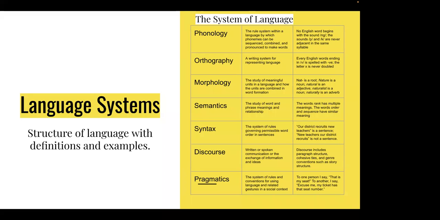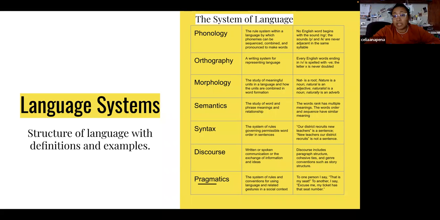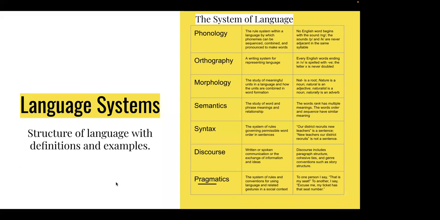Discourse includes paragraph structure, cohesive ties, genre, conventions. Would even these be such as expository? Yes, that would be considered under the umbrella of discourse. Discourse is any sort of language or messaging, written or spoken, exchange of information, ideas at all.